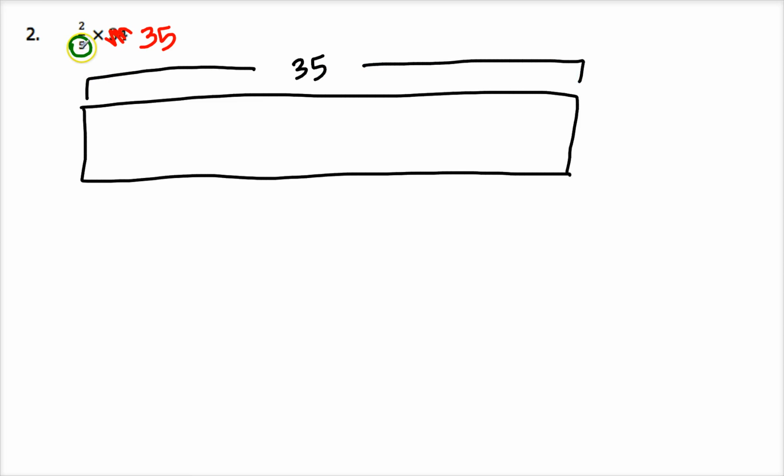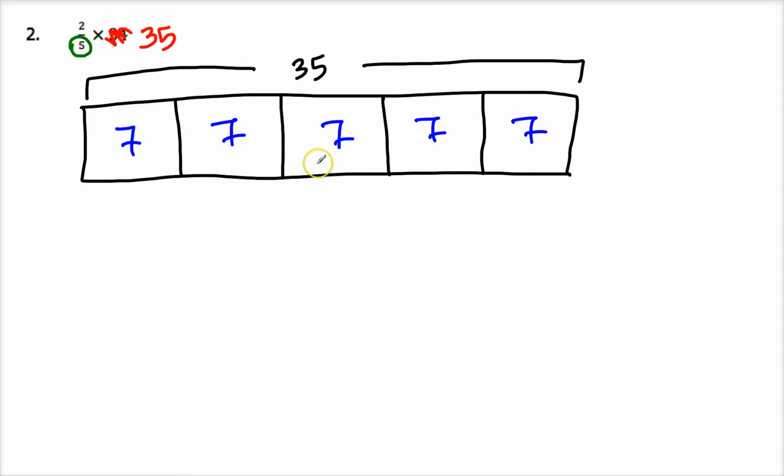The denominator of my fraction was 5, so I'm going to divide this bar diagram into fifths. So there's 1, 2, 3, 4, and 5 pieces. If this 35 is split into fifths, that means each piece has 7 in it. 7 plus 7 plus 7 plus 7 plus 7 is 35.